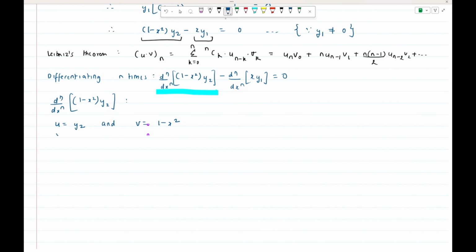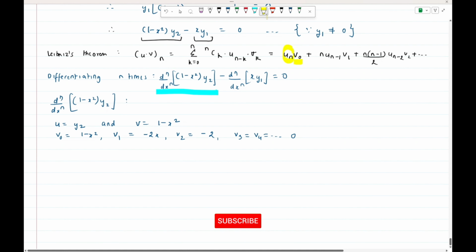So we have got v0, which is 1 minus x square. Then we will need v1, which is negative 2x. v2 is equal to negative 2, and v3 onwards, all other higher order derivatives of v are going to be 0.